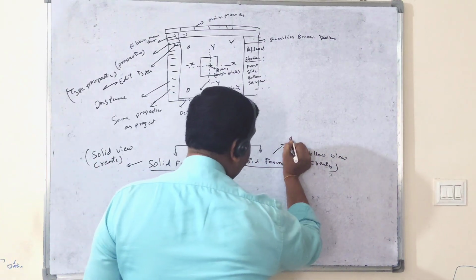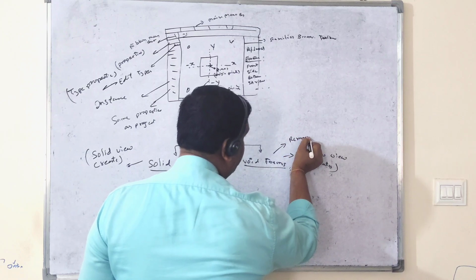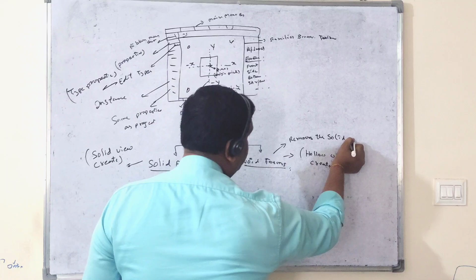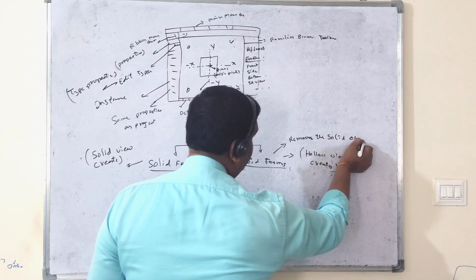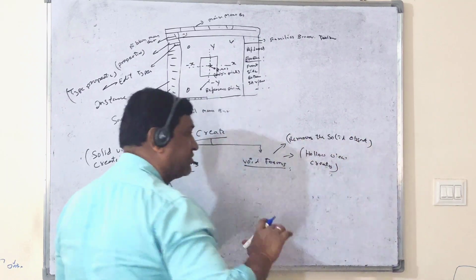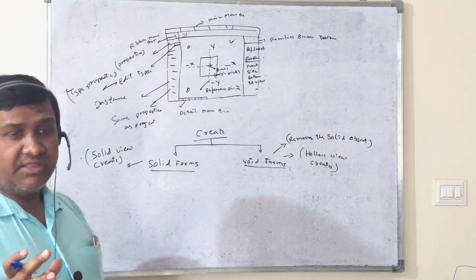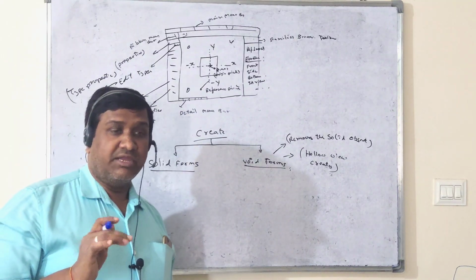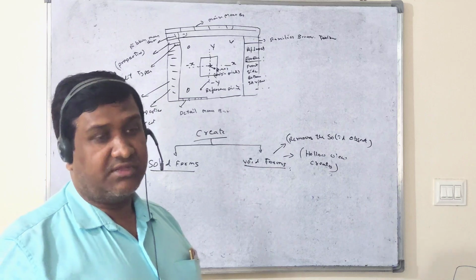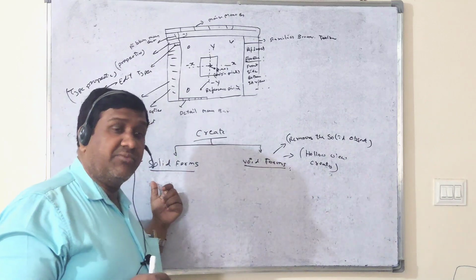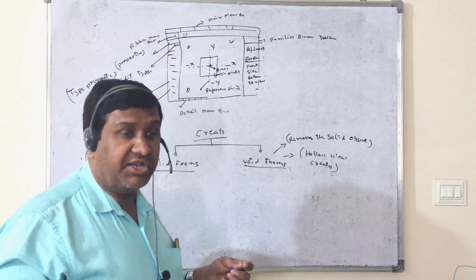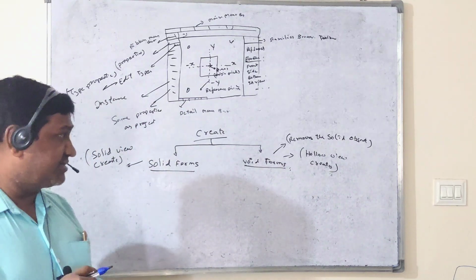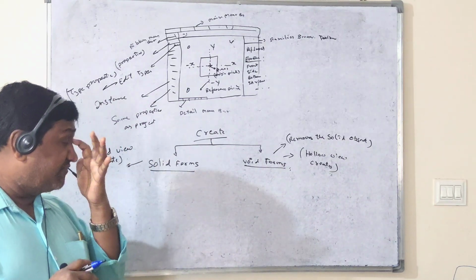Because it is removing the material, removing the solid object, or we can say removing the material, because it is making holes. Solid forms is going to create the solid object, but white forms is going to create the hollow objects.